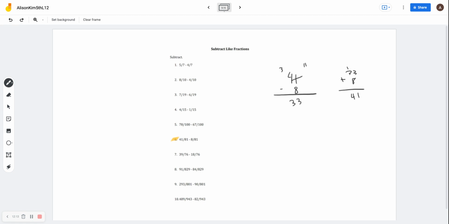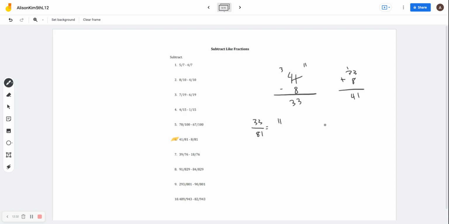So you can choose to keep 33/81 as your final answer, but we know that 81 can be divided by 9, right? So that means that it can also be divided by 3. So we can take out 3 from both 33 and 81. When we take out 3 from 33, we get 11.